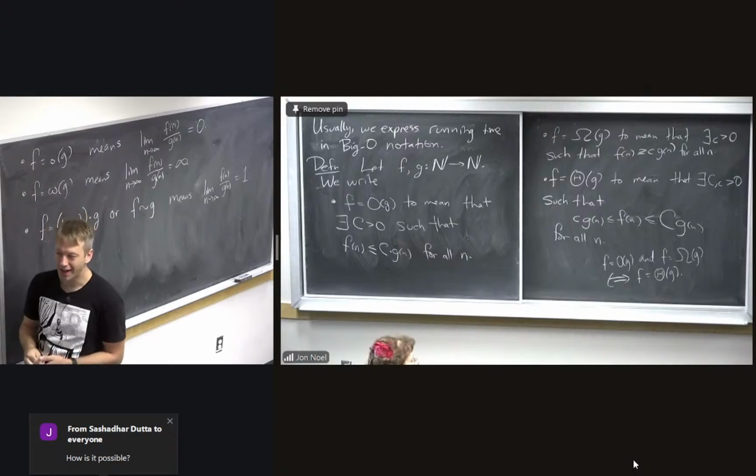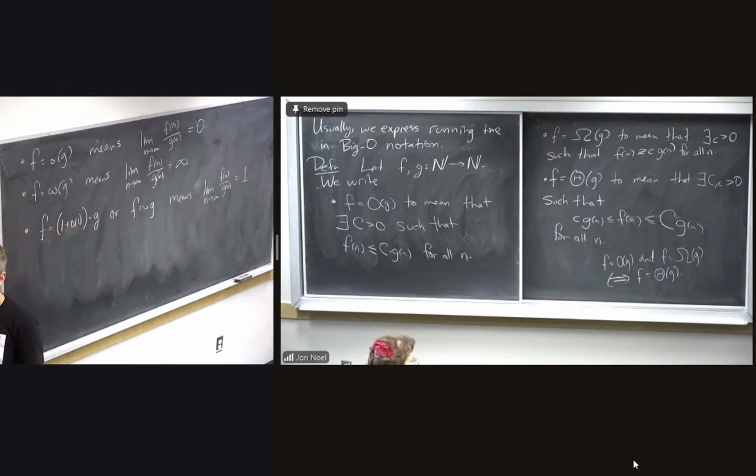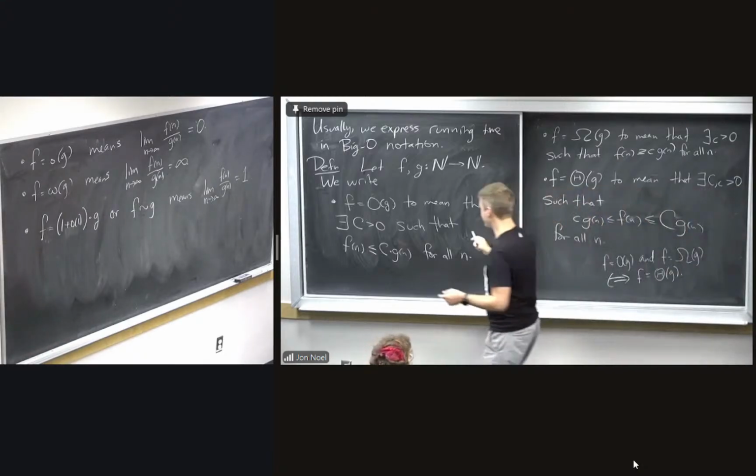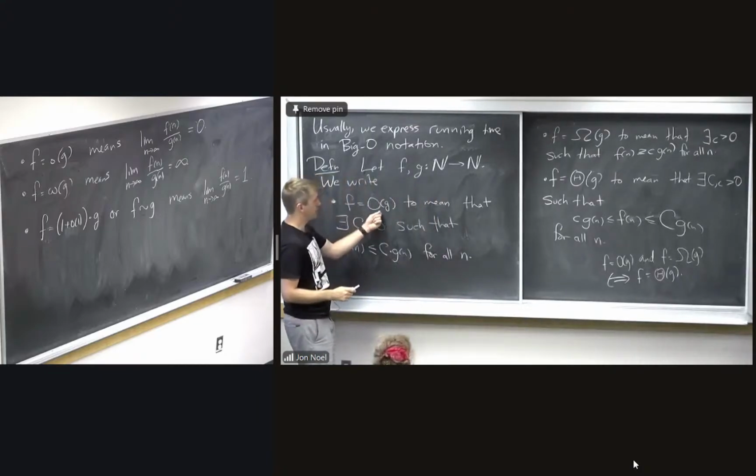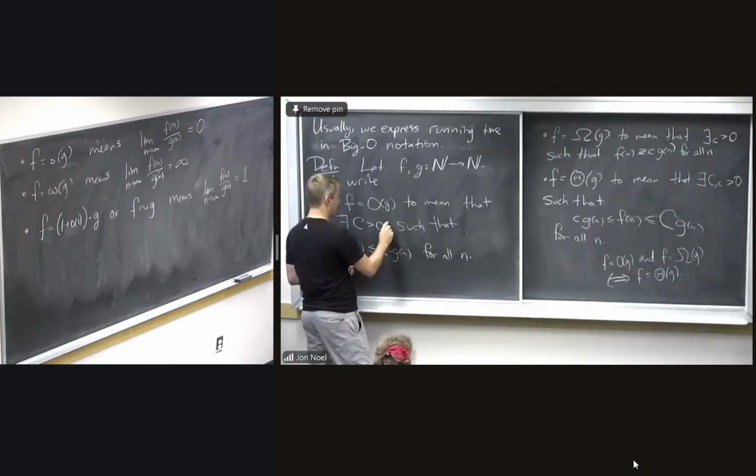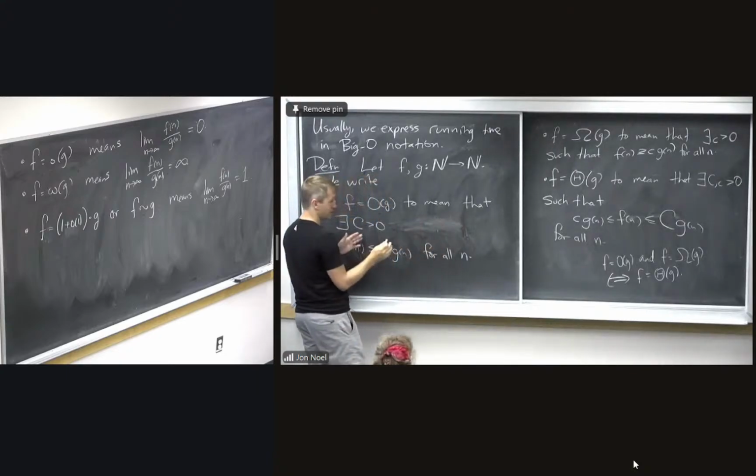I think I may have even updated that yesterday, but that is a good question. You could also say f is big O of g means that there's some c, and there exists some n naught. So I'm just going to write something which turns out to be equivalent.